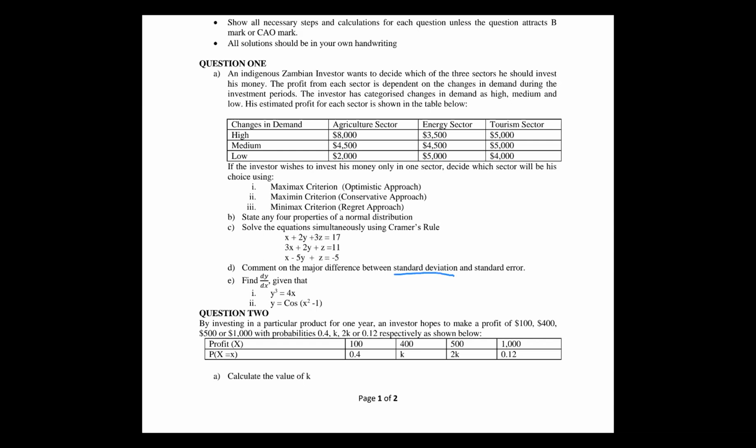Take, for example, you are going to study the economic statuses of the UNZA students. UNZA students, that's a population. But you're not going to ask all the UNZA students. You're going to select maybe just a few hundred. That is called your sample. Now, all those few hundred that you'll be asking, there'll be deviations from the mean.